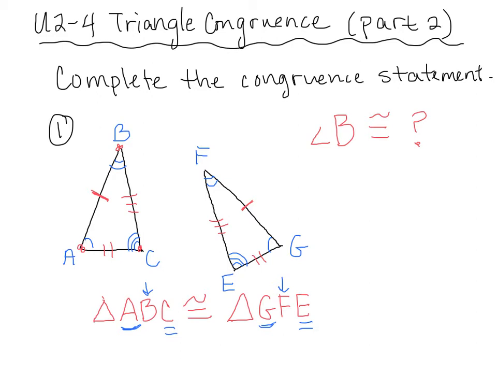So angle B, we see it here, the top of that left-hand triangle, and we want to write what its matching angle was. Well, we had already marked it, right? It's angle F. So the answer for that question mark then is angle F. Okay, angle B is congruent to angle F.